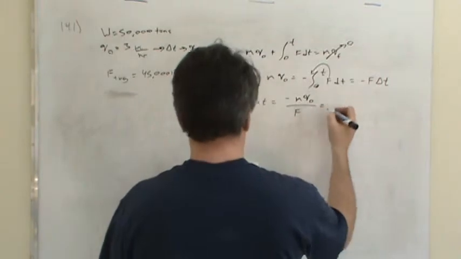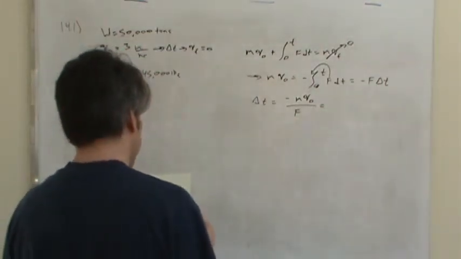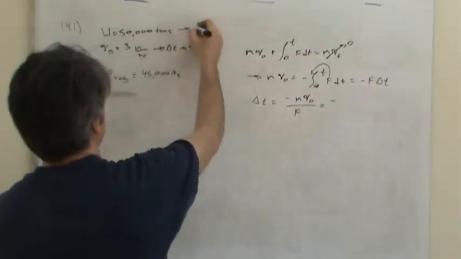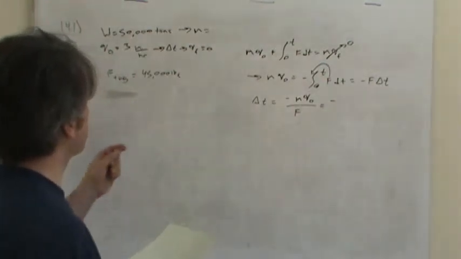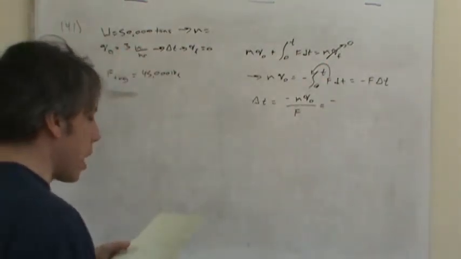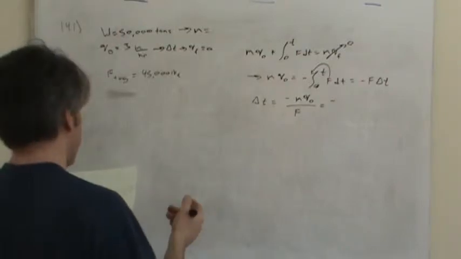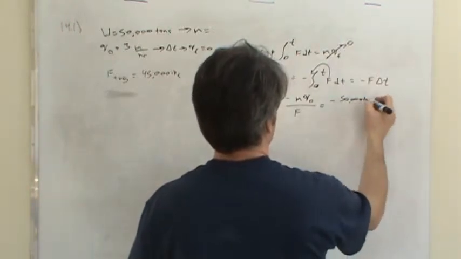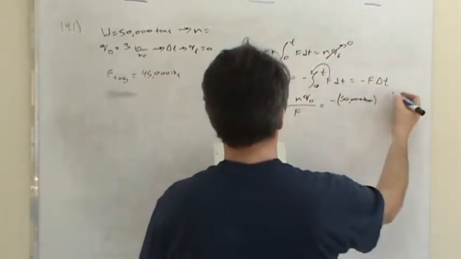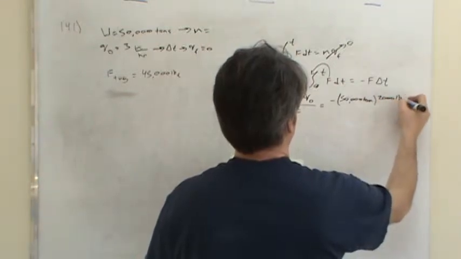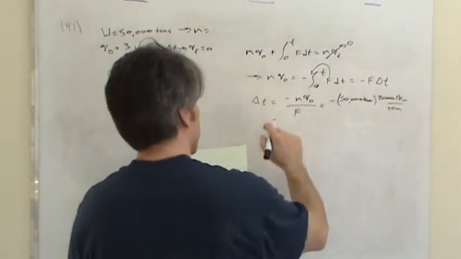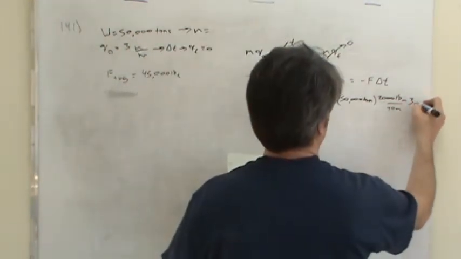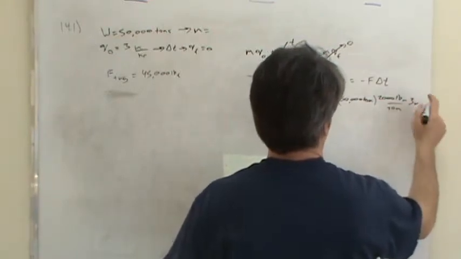And so if we plug in the numbers here, the mass, if we were to calculate mass from this, there's 2,000 pounds mass per ton. So let's just plug it in. There's 50,000 tons multiplied by 2,000 pound mass per ton, multiplied by the initial velocity of 3 miles per hour.